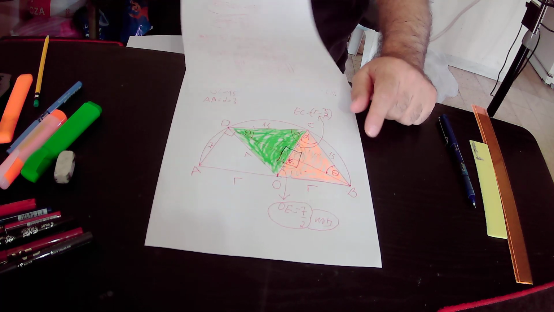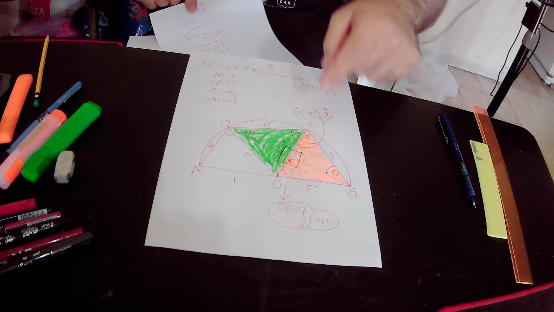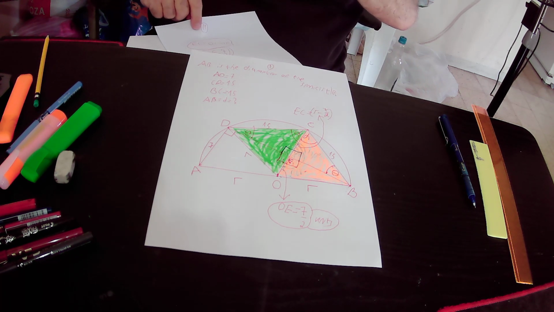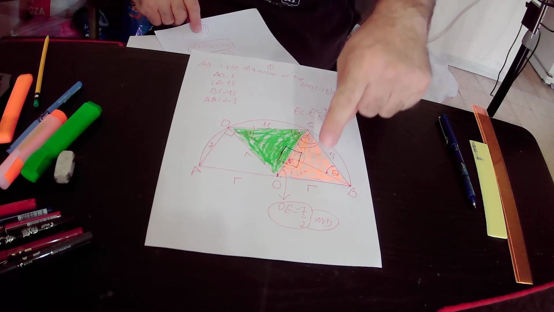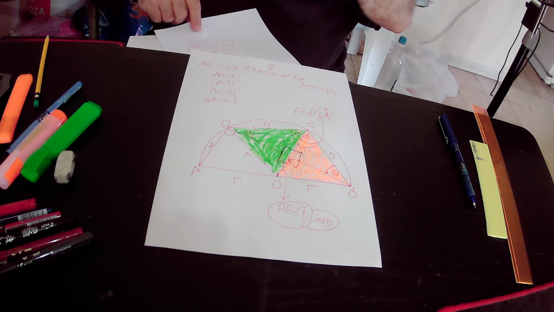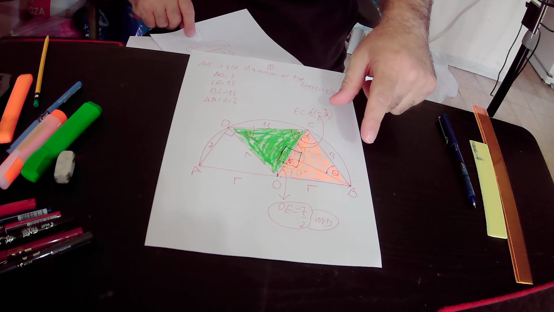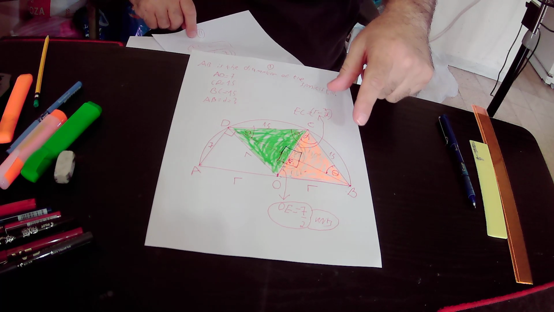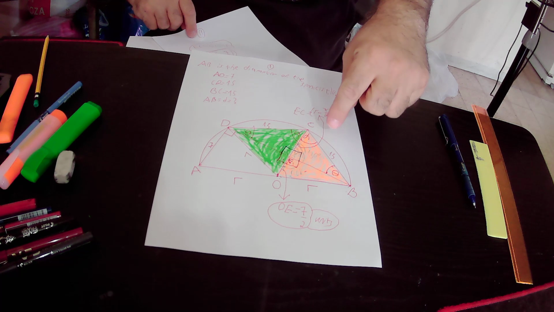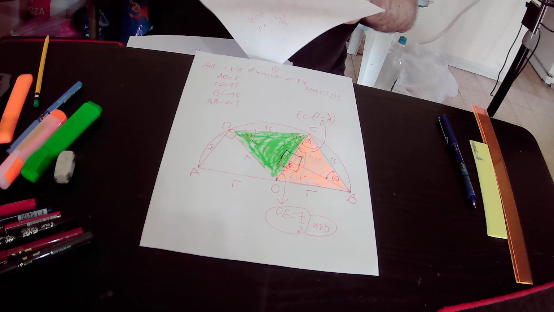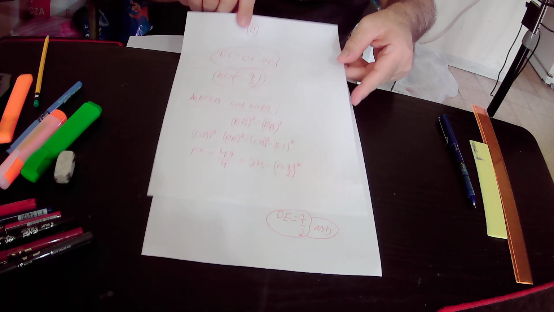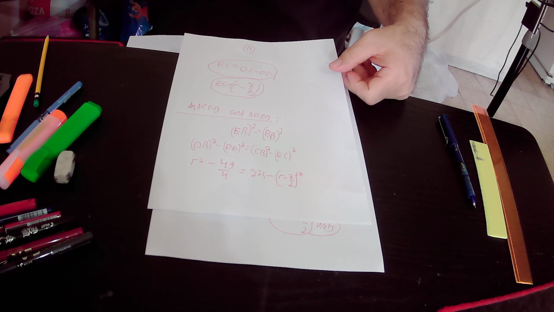Okay, but we know that OB equals R, and OE equals 7 over 2, and also CB equals 15 units, and CE equals R minus 7 over 2.